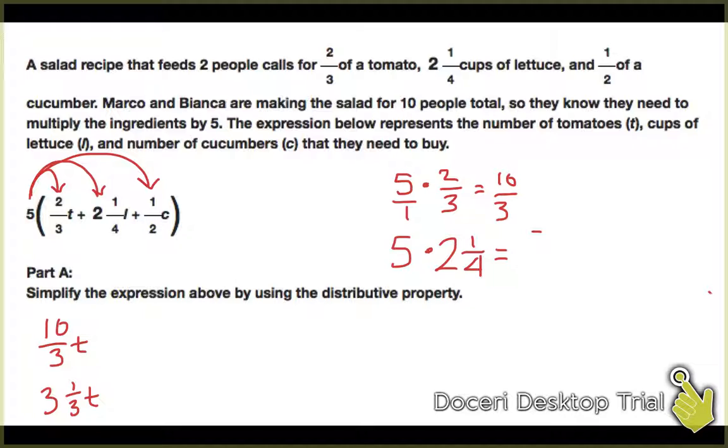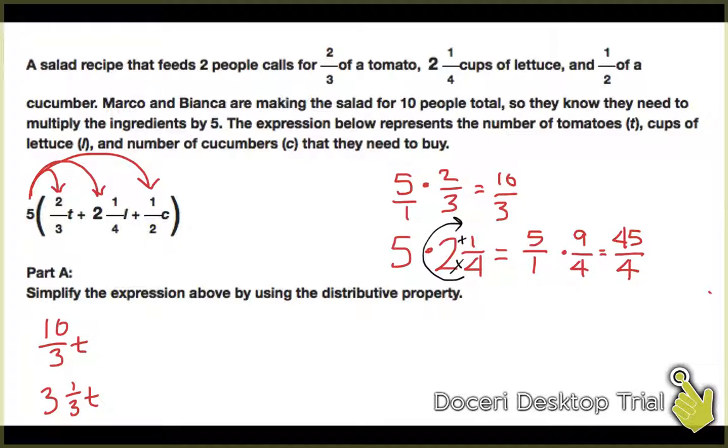So this is going to turn into 5 over 1 times, and when I change a mixed number to an improper fraction, I need to multiply the denominator times the whole number and add the numerator, what I like to call rock around the clock. So 2 times 4 gives me 8, plus 1 gives me 9. And my denominator stays the same, and multiplying straight across, I get 45 over 4.